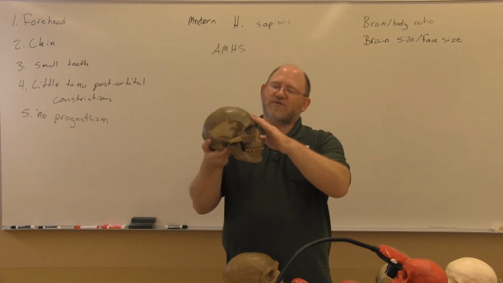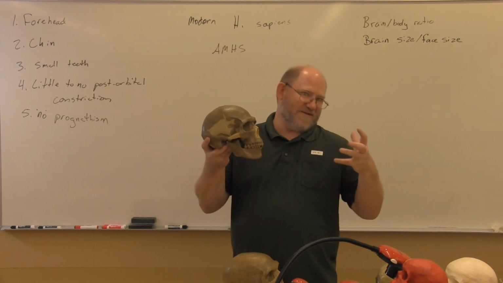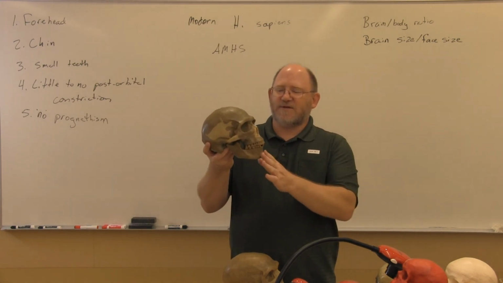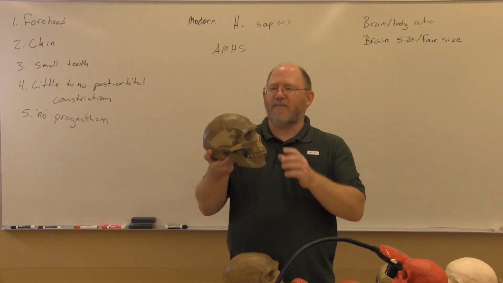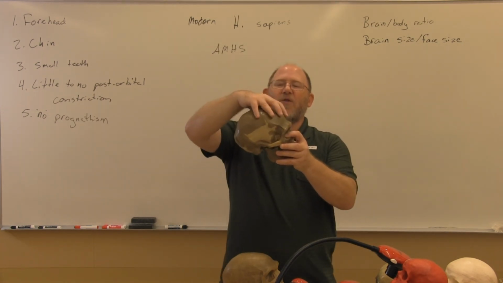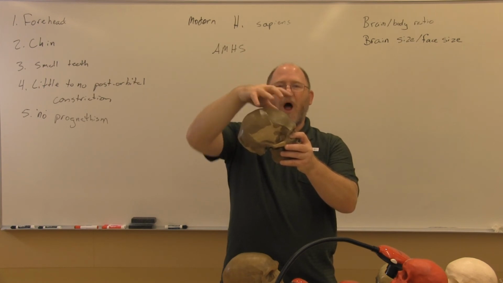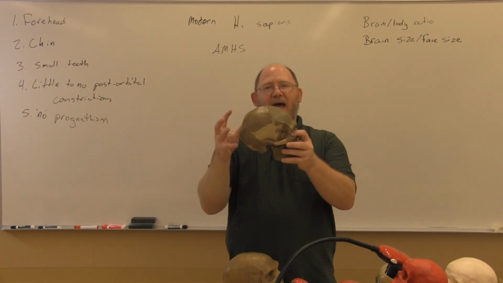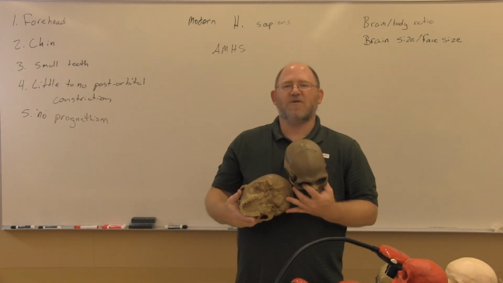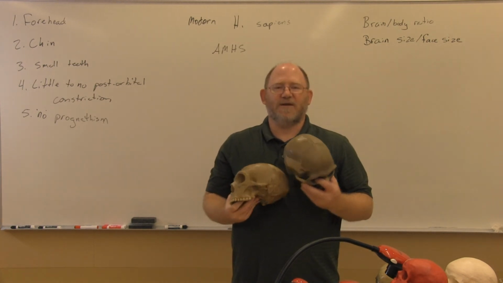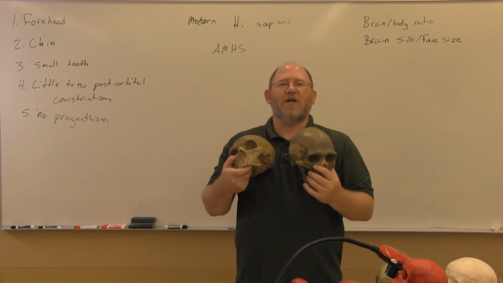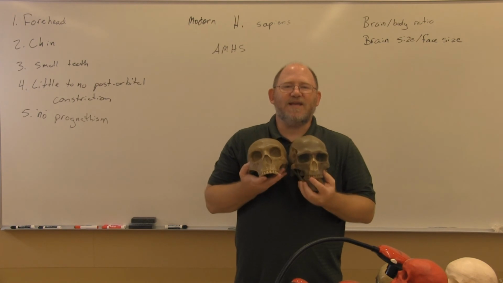So yes, stronger brow ridges than what we're used to, but still much less than our ancestors, but a strong prominent chin, large forehead, and so the increase in brain size is more up instead of back. And so the overall shape of the skull is a little bit different, right? It's not as long, it's taller.